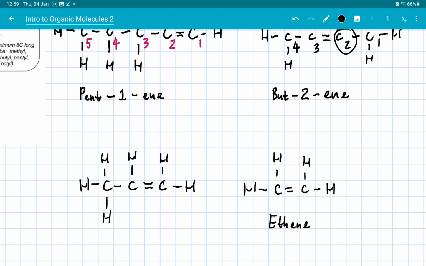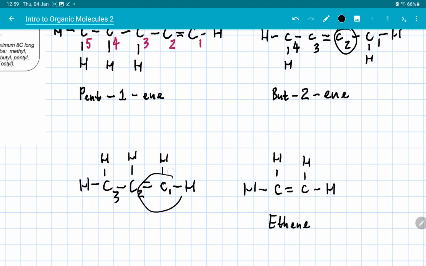Even in this one, if I erase and put it on the other side, you realize that it's still 1 2 3. Even if I put it to the other side, it's still 1 2 3.